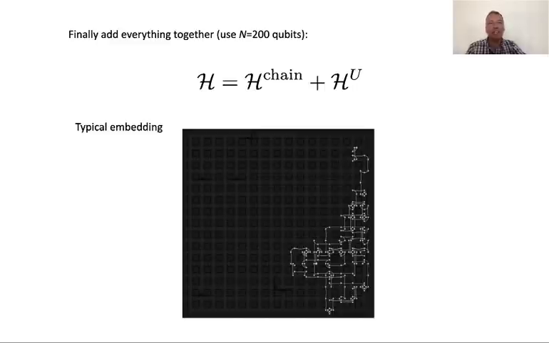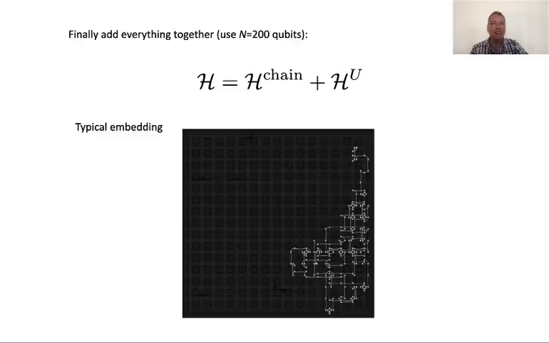As I said, we want to have a large number n to make it as continuous as possible, a large number of qubits. So 200 is something which works pretty well, and this is a typical embedding that you might get on the annealer. Once you've added everything together, you end up with a chain that looks like that.